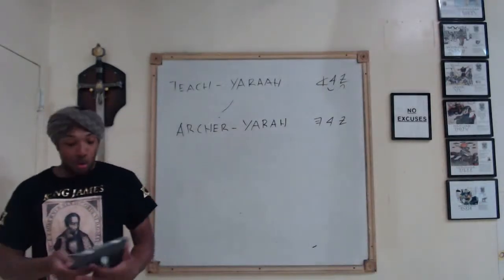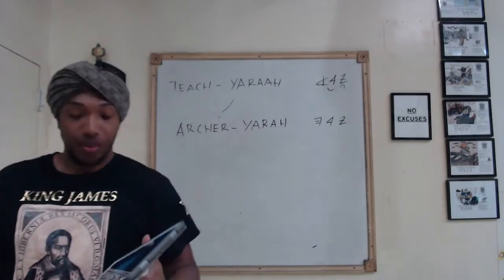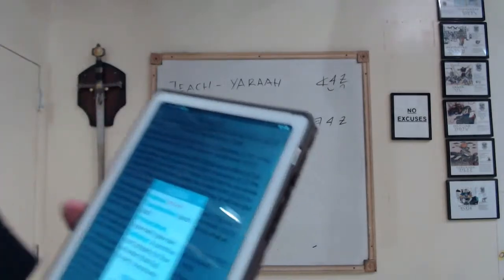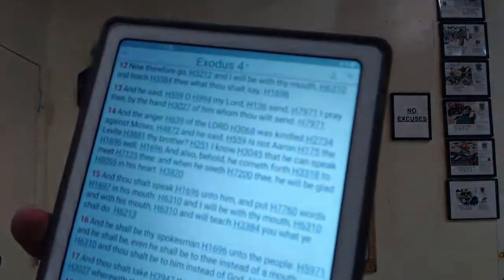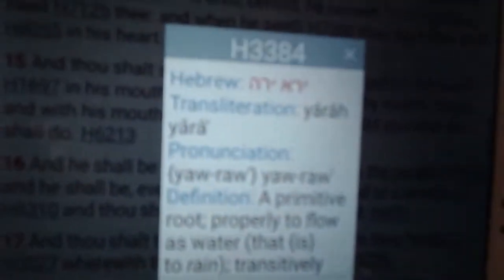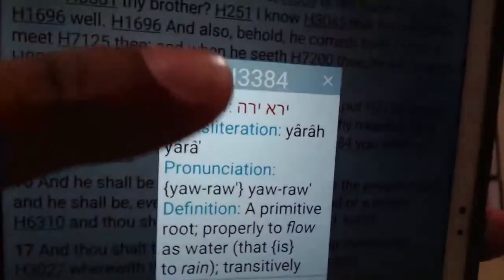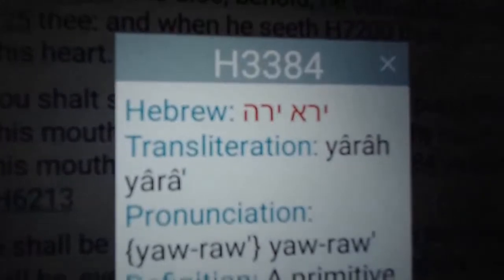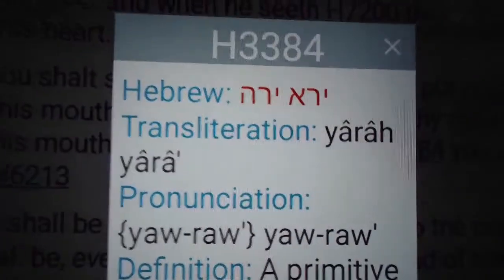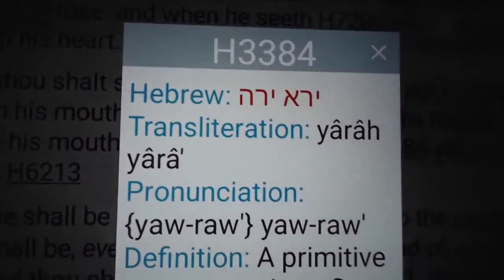Even when we go in the Strong's Concordance, right? I have here the word for teach in Exodus 4 and 12. And the concordance word comes up in there. Can you see it? The concordance gives you the same two Hebrew words there, right?